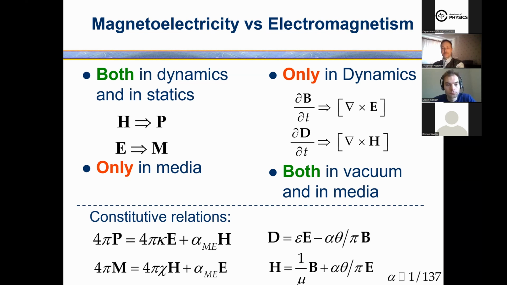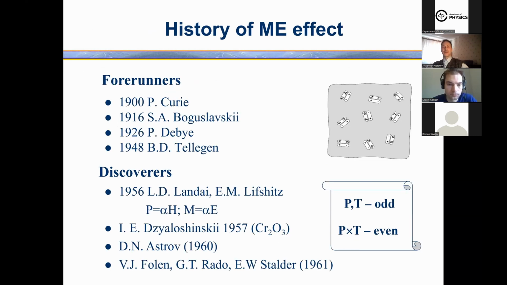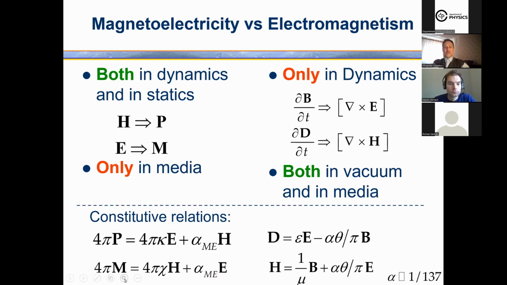Okay. Let's proceed. Yes. So when we talk about this coefficient or axion field theta, we should insist that it should be P and T odd. I mean, to relate a polar vector with an axial one, this is not just a scalar.